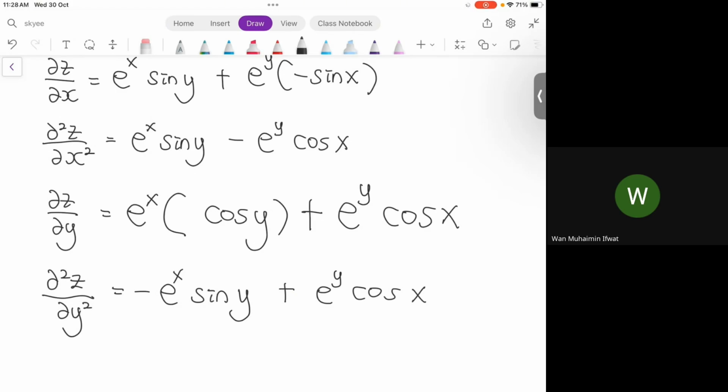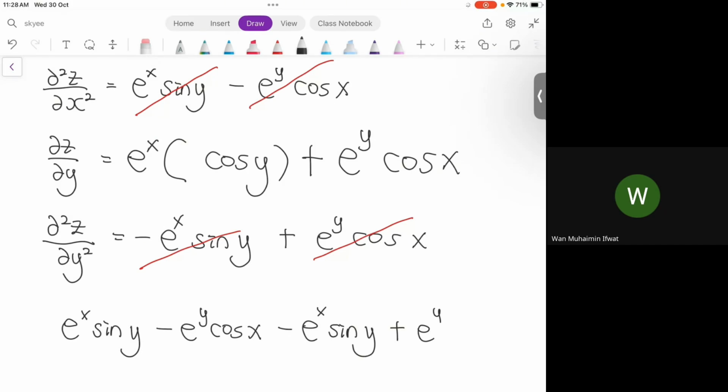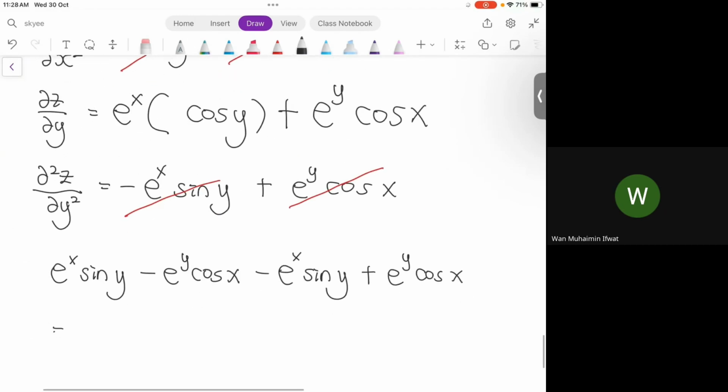In fact, you can check already. This is going to cancel out with this one, and this is going to cancel out with this one. So you can prove that. I think it is better to write it down. So e to the x sine y minus e to the y cos x plus minus e to the x sine y plus e to the y cos x is equal to 0.